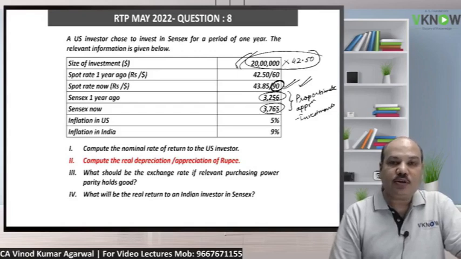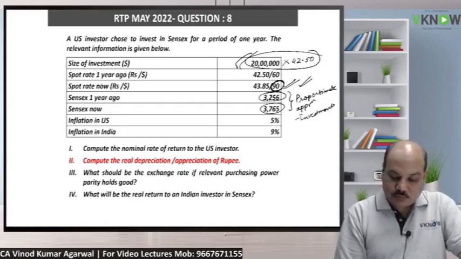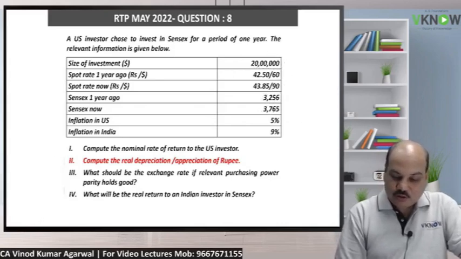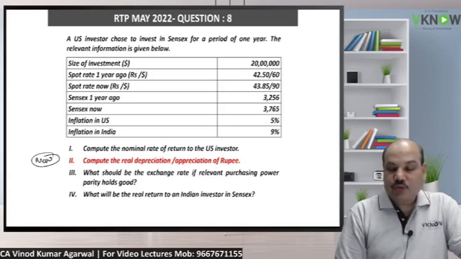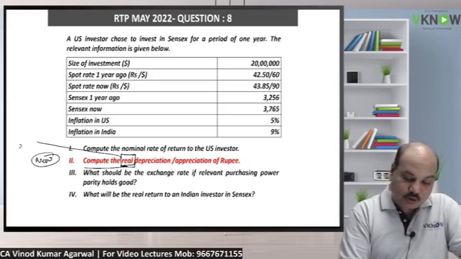The difference divided by 20 lakh is the rate of return earned by the US investor. Very easy school level question. Doesn't require extraordinary knowledge. This is a new question, write down. The question is, what is the real? Real means excluding the effect of inflation.